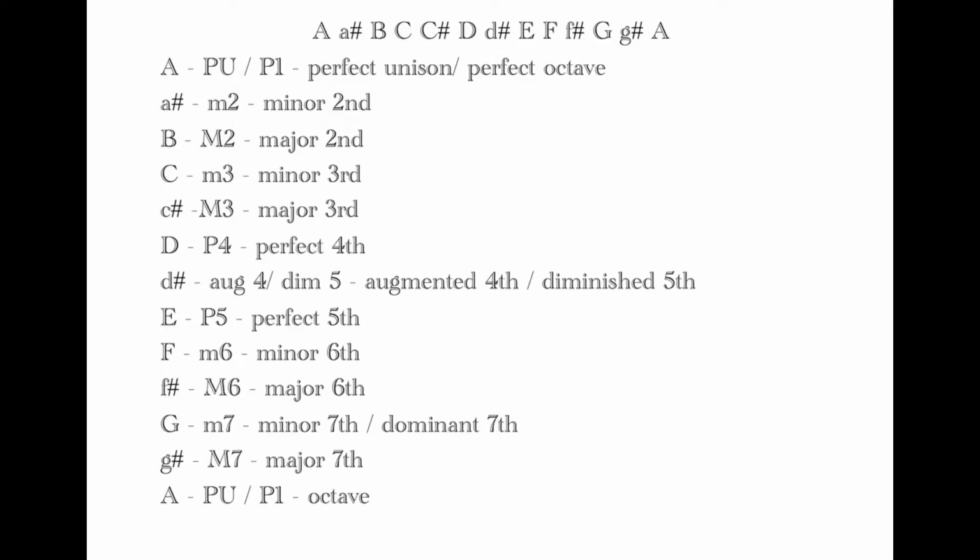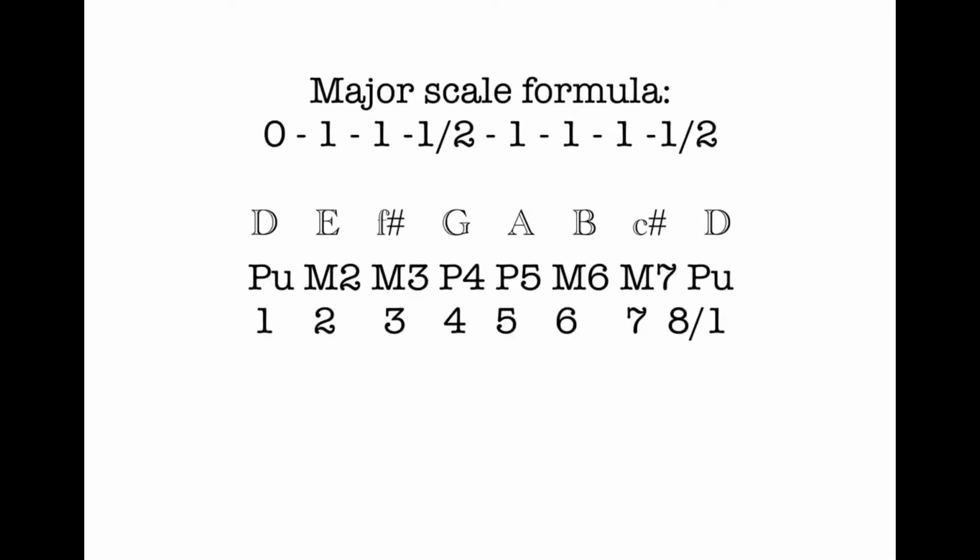And then you could transpose that to any starting pitch, and you would have the same melody with a different bass pitch. Now we're going to go back to our major scale formula from the last video and expand on this idea of transposition and shorthand and intervals.